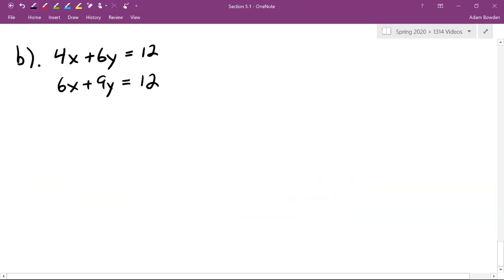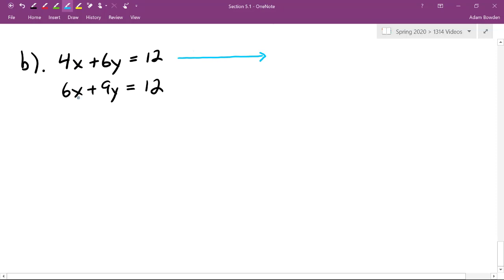Okay, here's another example. 4x plus 6y equals 12, and 6x plus 9y equals 12. So what we need to do now is to make the x's or the y's cancel out by multiplying through by some number. What I'm going to do here is I'm going to take the first equation. I'm going to try to get the x's to cancel out.